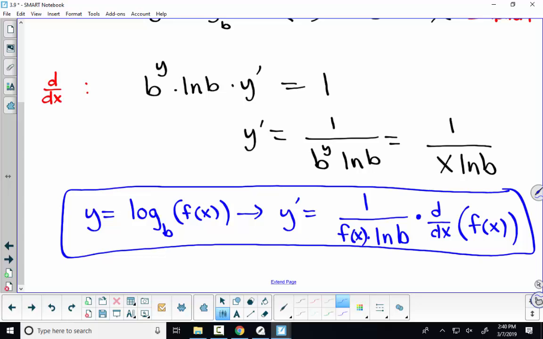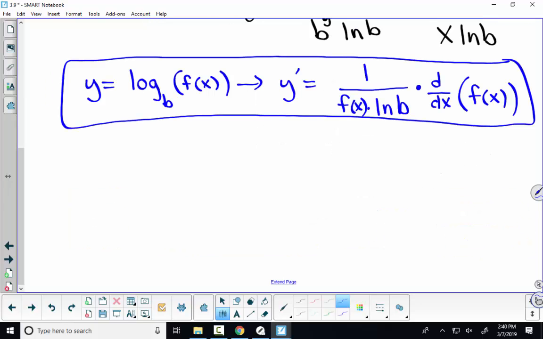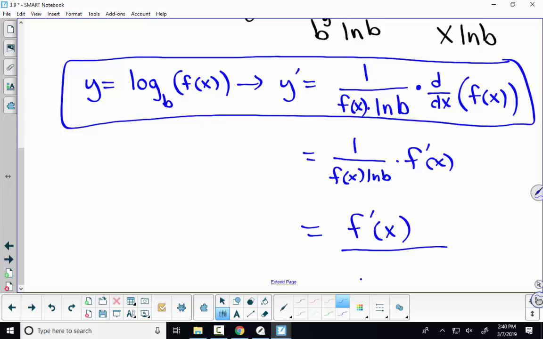So it's very, very similar to the natural log derivative. So let's write it like this. This is f prime. So we can say it's 1 over f of x ln b times f prime of x. And we could also write that as f prime of x over f of x times the natural log of b.